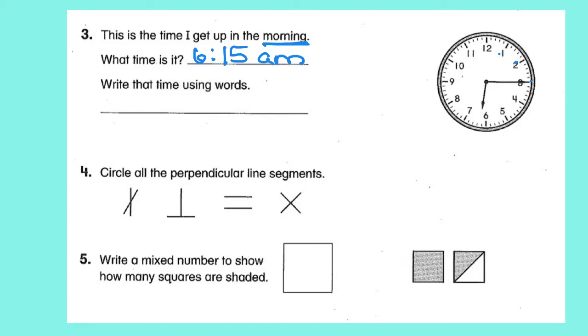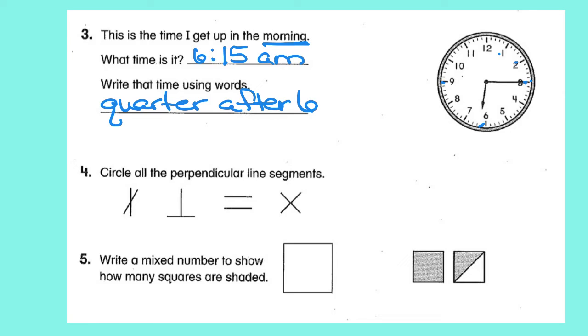Write that time using words. Quarter after 6. Remember, quarter after, half past, quarter to.